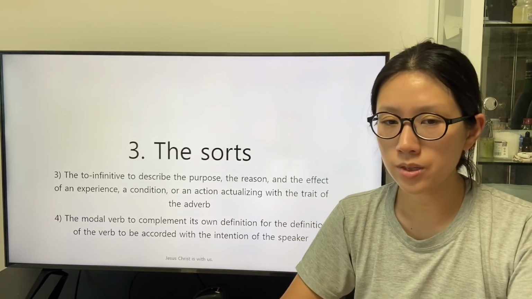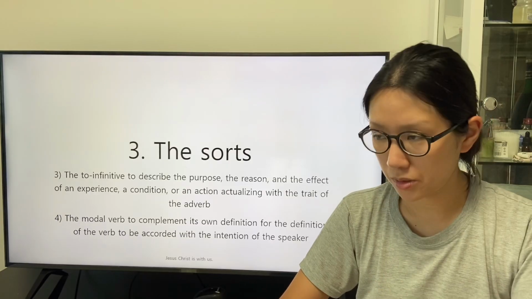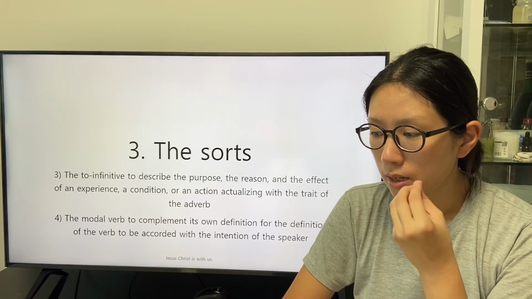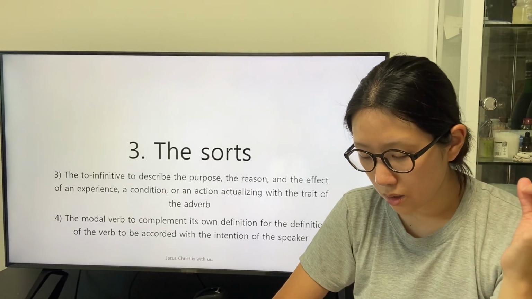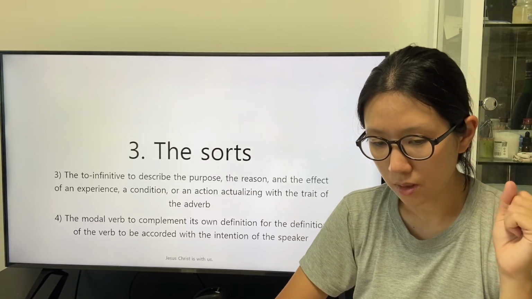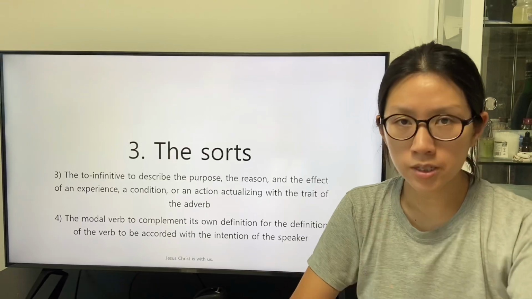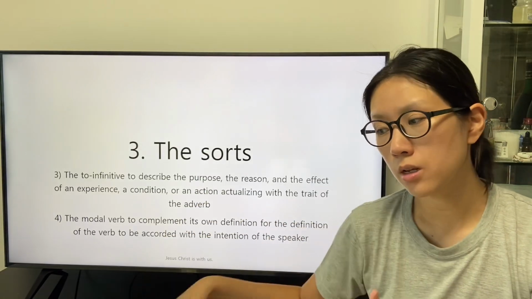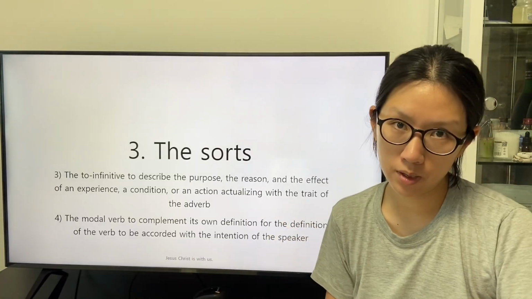So dealing with a purpose of a subject can be included in the range of the description by an adverb.